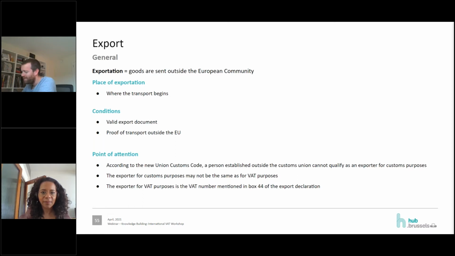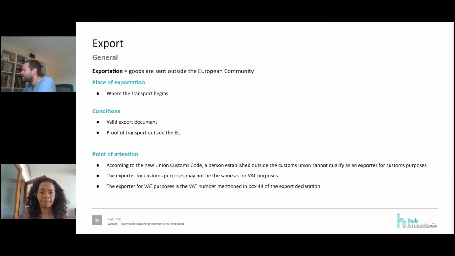Okay, so for the intracommunity acquisition of goods in Belgium, if your supplier sends goods from Germany to Belgium, in principle, your supplier will not mention anything on its invoice. It will mention a VAT exempt and a reference to the article of the directive related to intracommunity supply. And you will have, as a Belgian company, to report Belgian VAT depending on the type of goods.